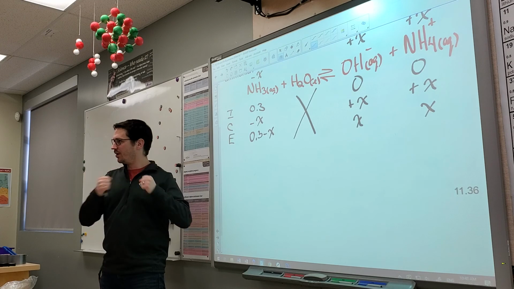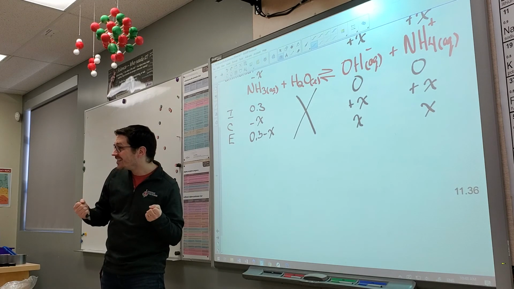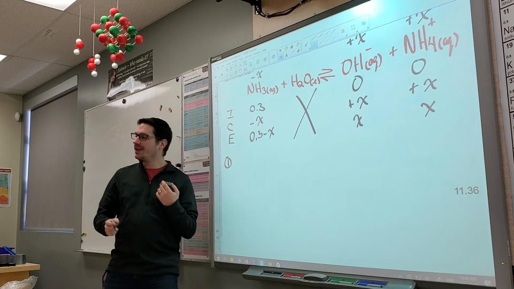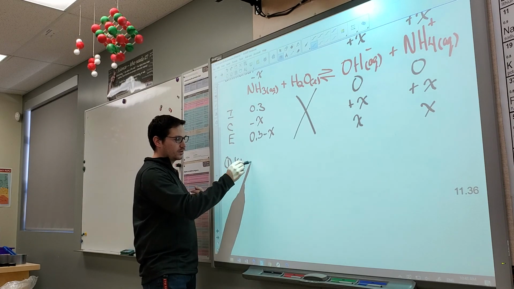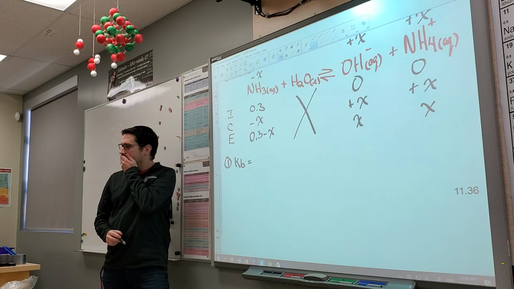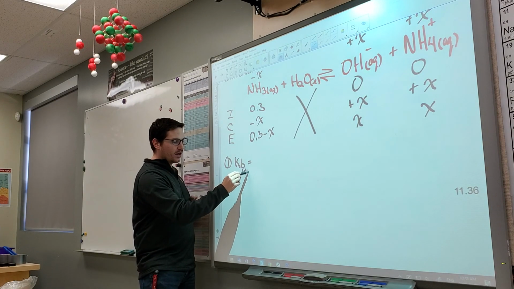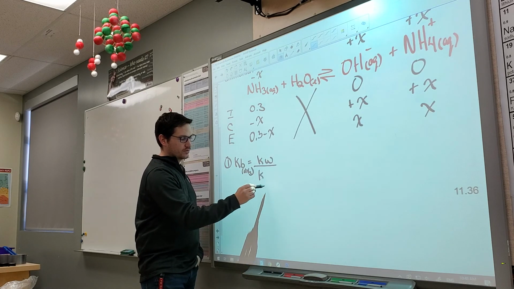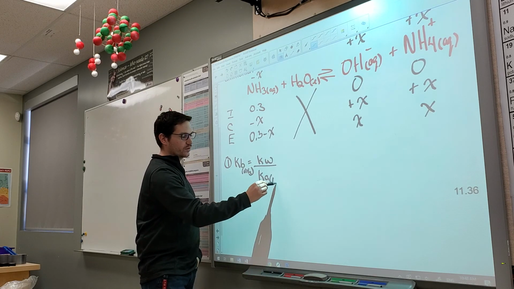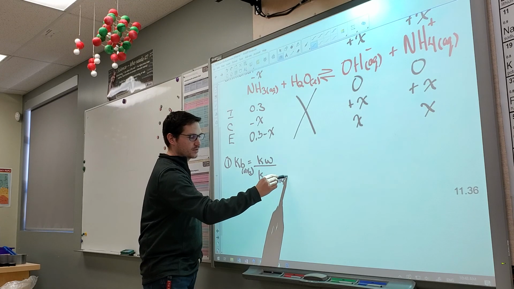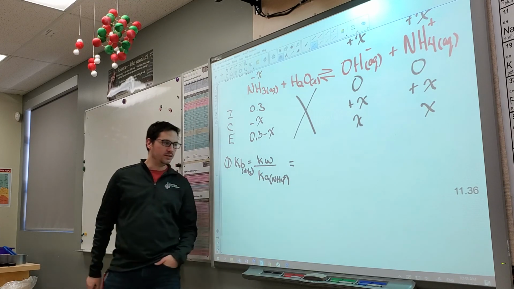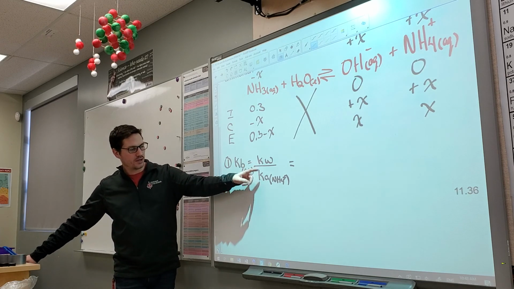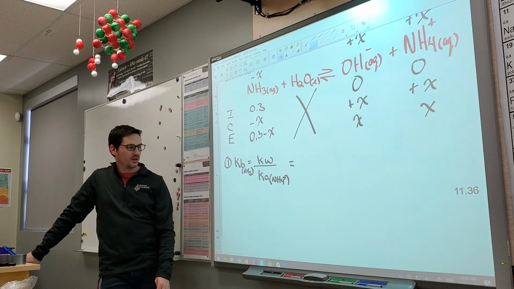No. But you can find it, right? How do I get Kb? Do you remember? The Kb of the base is equal to the Kw over the Ka of the conjugate acid.